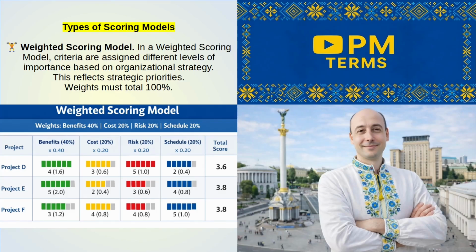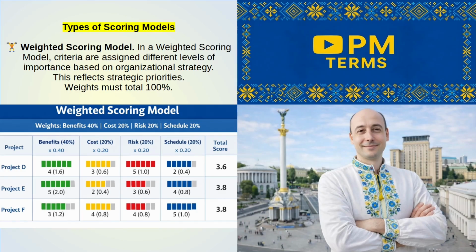Risk 5 times 0.2 equals 1.0. Schedule 2 times 0.2 equals 0.4. Total score: 1.6 plus 0.6 plus 1.0 plus 0.4 equals 3.6.